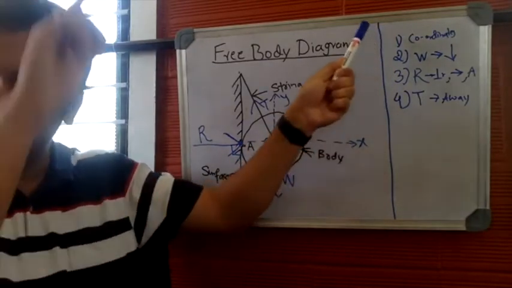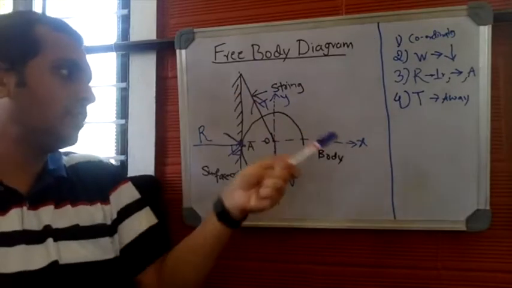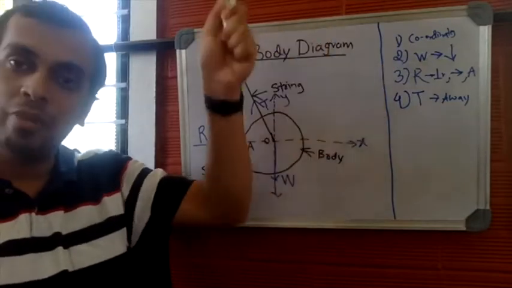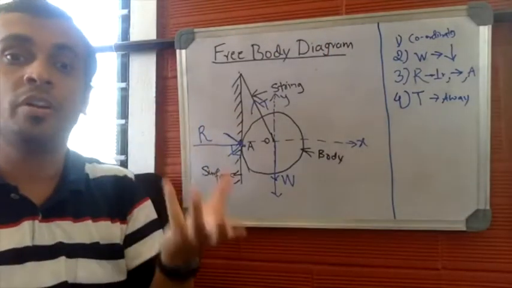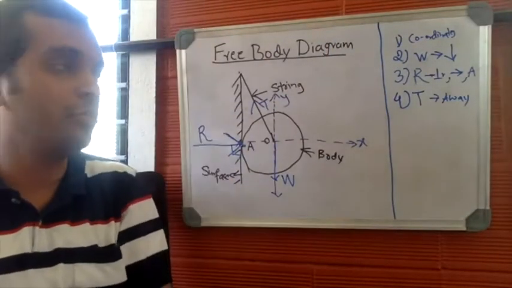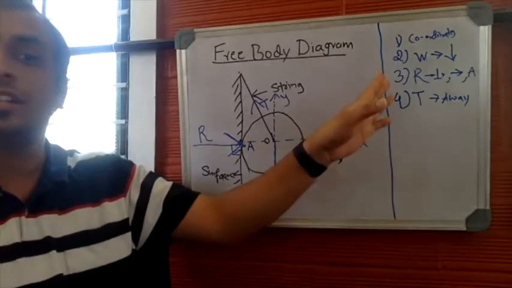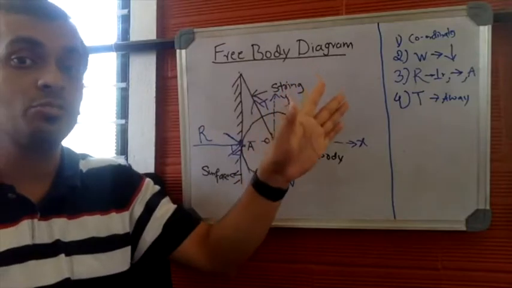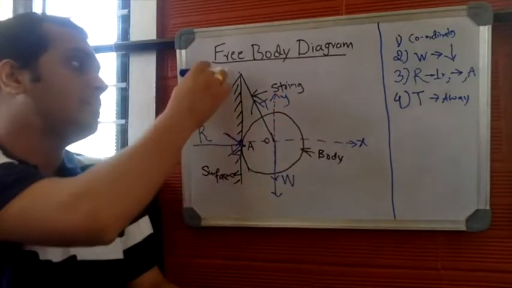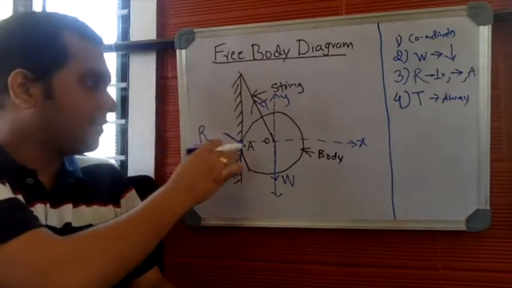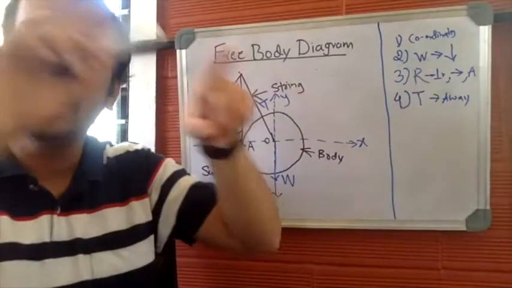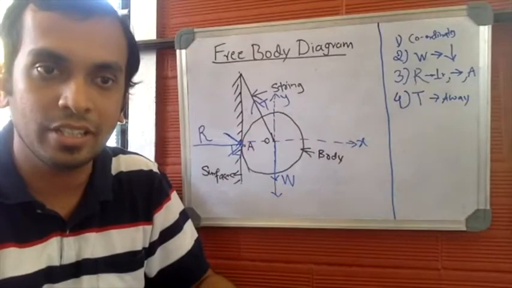Step number 1 is to draw the coordinates by identifying the center of the object. In step number 2, you'll be marking the self weight, which will always move vertically downwards. In step number 3, you'll be marking the normal reaction. Normal reaction will always be perpendicular to the surface, directed towards the body, and it will act exactly at the point of contact between the body and the surface.